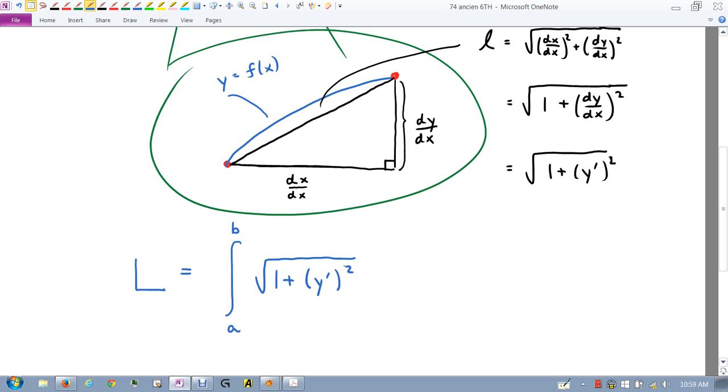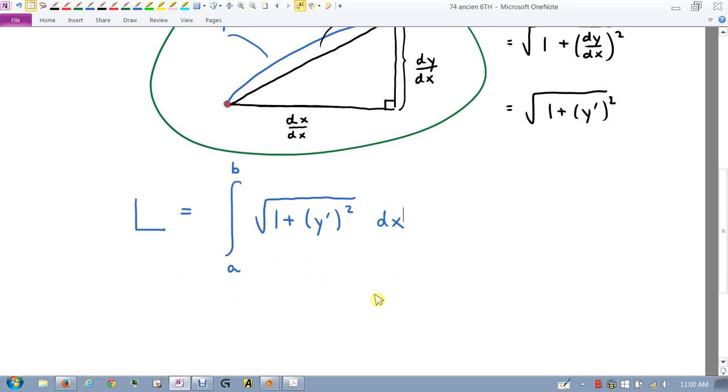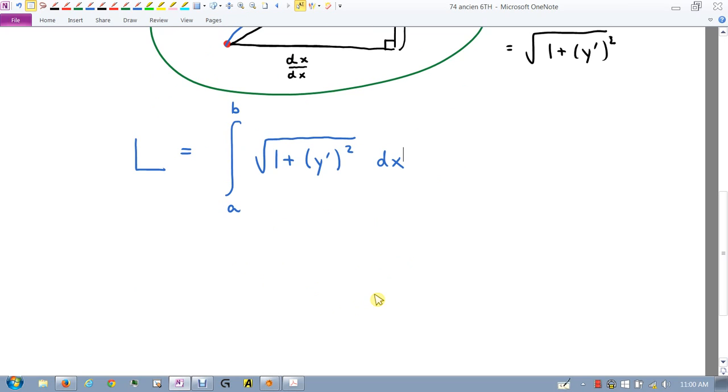We need with respect to what variable here. So with all integrals, we have to have our integration variable, so dx. And that's pretty much it. So this is our formula for arc length.